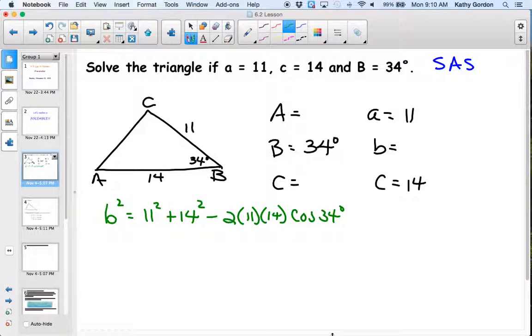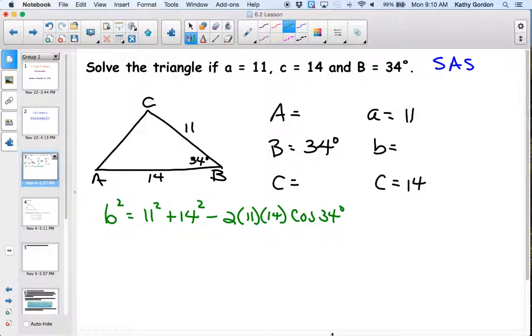I just want the right side. What's the right side equal to? I just want you to push the buttons and tell me what the right side is equal to. 61. Okay, that's what I was asking for.